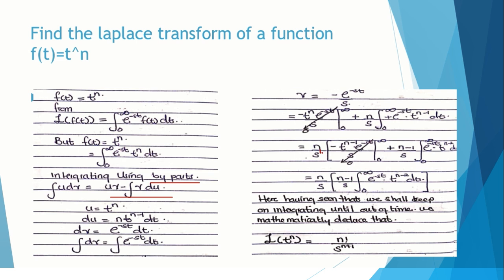So for a function being given t power n, we are going to make a mathematical deduction, and we say that when we keep on integrating, we shall keep on integrating until out of time.